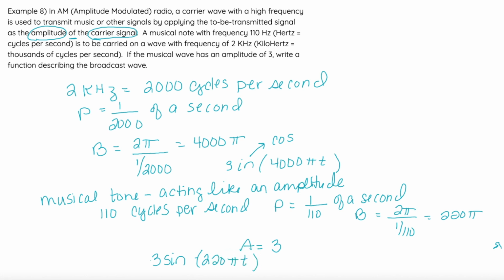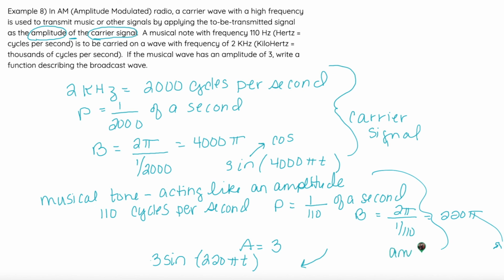So wait a second. This is the amplitude of the carrier signal. So this whole portion represents the carrier signal, and this whole section represents the amplitude of that carrier signal.